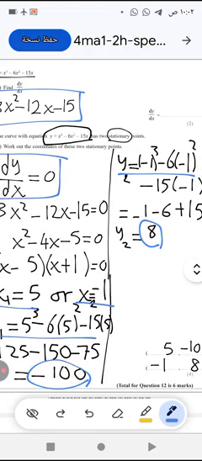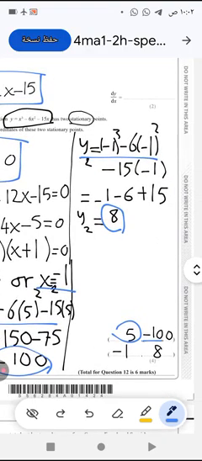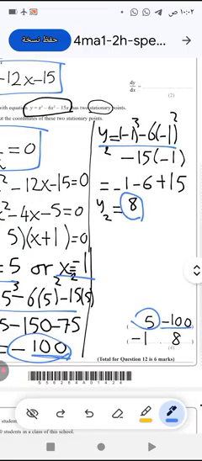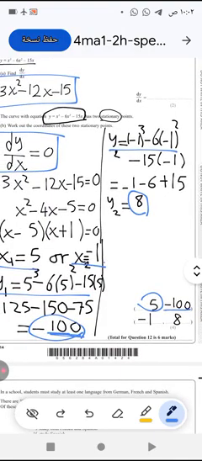That means the x coordinate of the first point is 5, and the y coordinate is -100. The x coordinate of the second point is -1, and the y coordinate of the second point is 8. These are your stationary points. Okay, dy over dx equals 0. This is the very important idea of a stationary point. Okay, thank you very much.